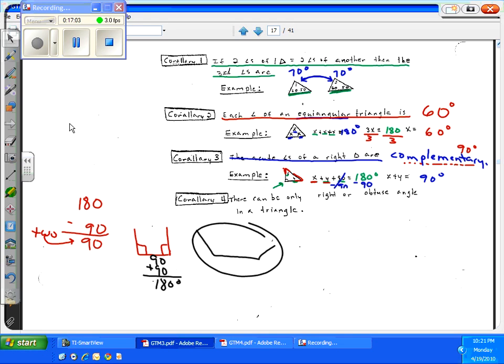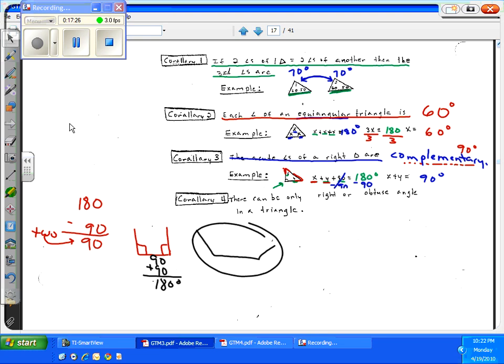We learned that the sum of the angles of a triangle is 180 degrees. And we learned some corollaries: if two angles of one triangle equal two angles of another, then the third angles are equal. We learned that the acute angles of a right triangle are complementary.